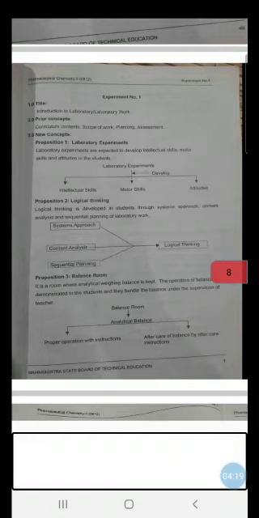Then, with regard to the fuming chamber or fuming cupboard, all of you know that chemicals which are hazardous or poisonous, or which evolve suffocating or irritating fumes, or such reactions which evolve these types of fumes, such experiments and chemicals are handled in the fume cupboard.